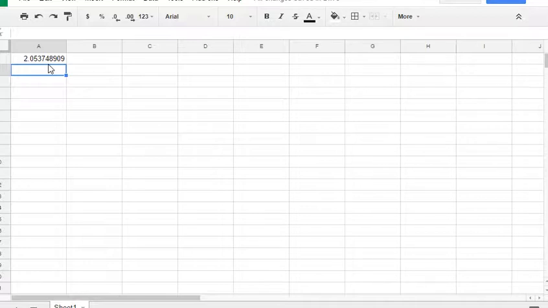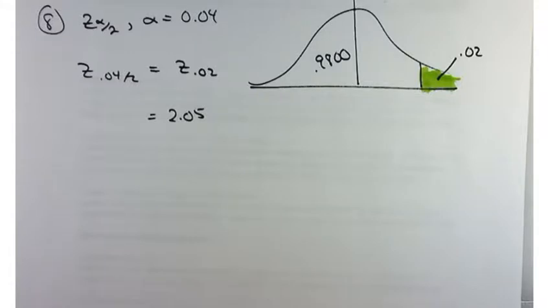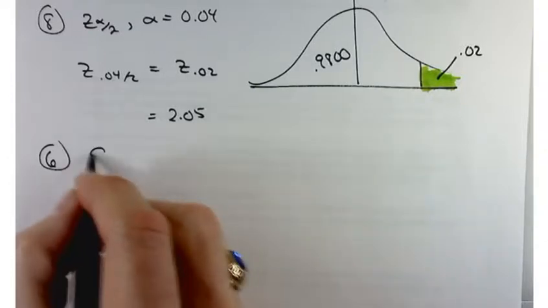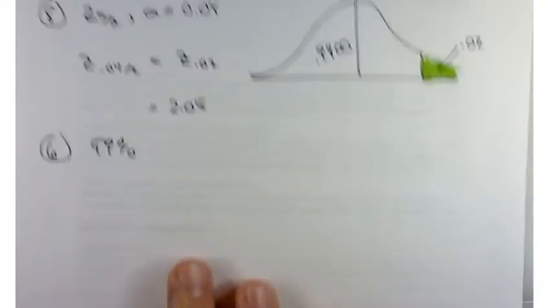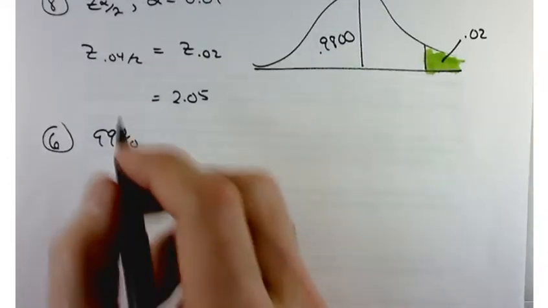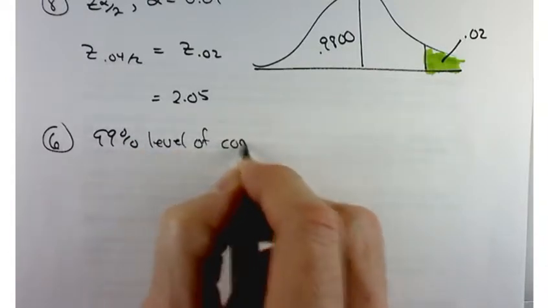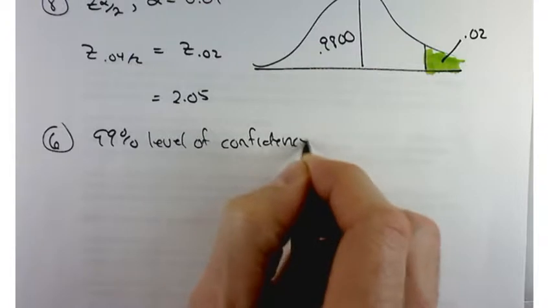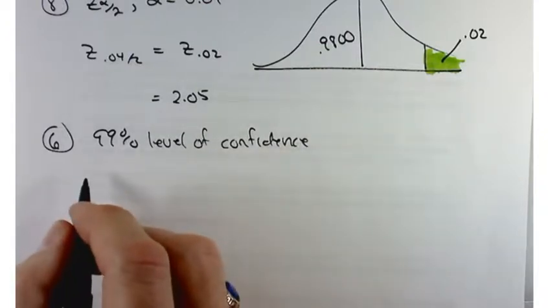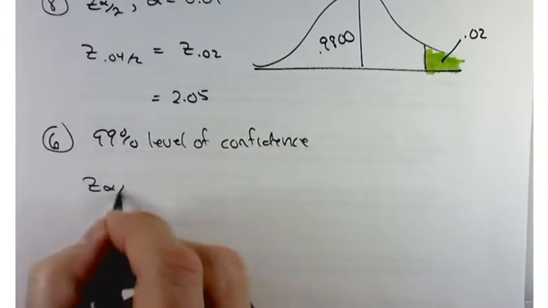All right, so let's take a look at problem number 6. We want to find the appropriate z value for a 99% level of confidence, and we need to find z sub alpha over 2.